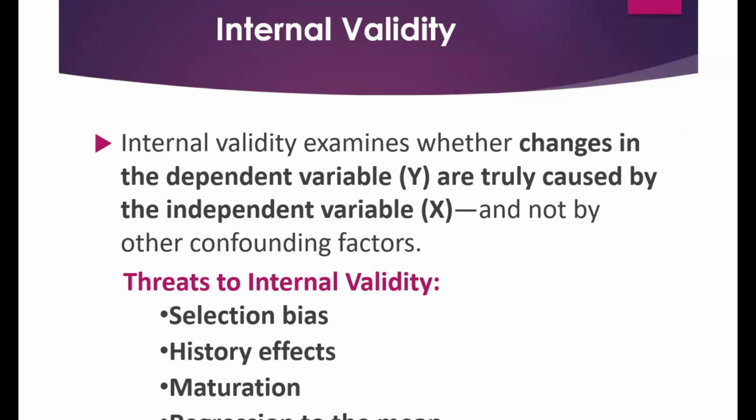Another threat is regression to the mean. That is extreme performers. For example, fraud-prone firms naturally reverting to average. So what should you consider for internal validity?